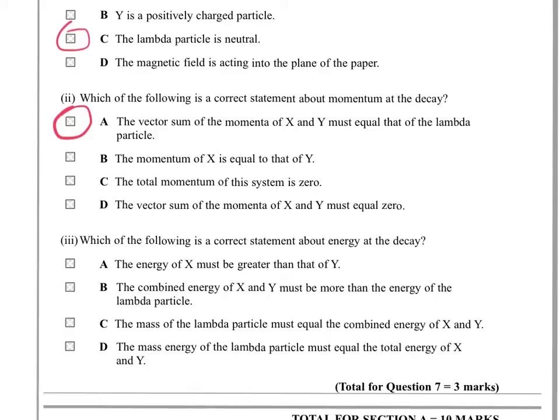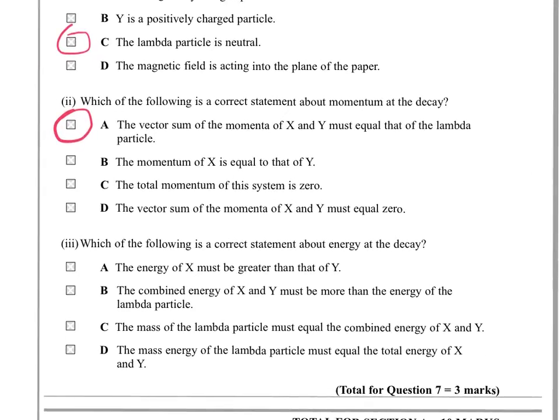The mass energy of the lambda particle must equal the total energy of X and Y. Okay, so the mass energy of the lambda particle plus its kinetic energy equals the total energy of X and Y. So that'll have to do. Alright.